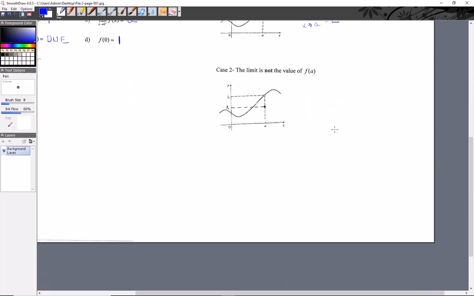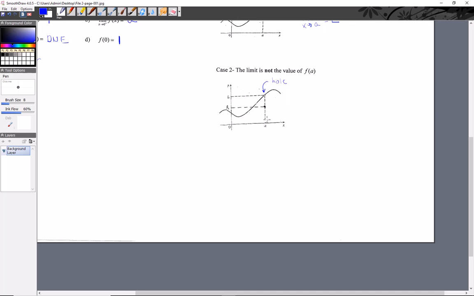Okay, in case 2 it says the limit is not the value of f of a. It's really kind of hard to see on this copy, but right at that point where we go up to the curve and go over, this is actually a hole. And that's just a removable discontinuity. We'll talk about that in a minute.